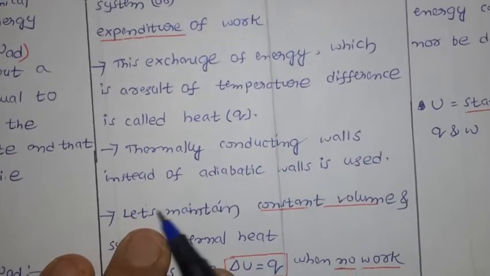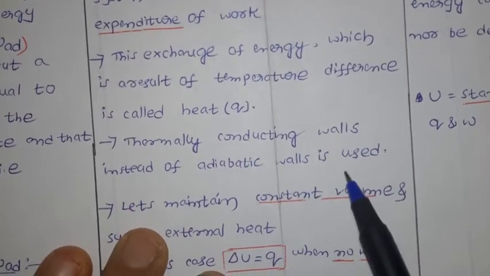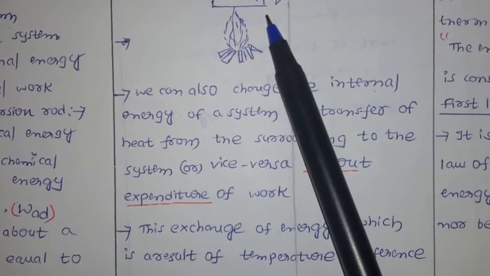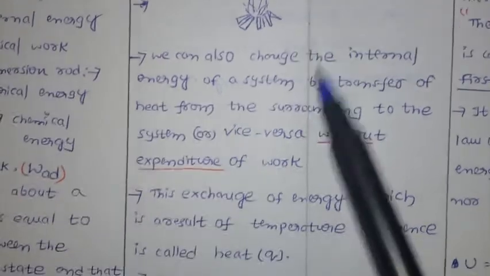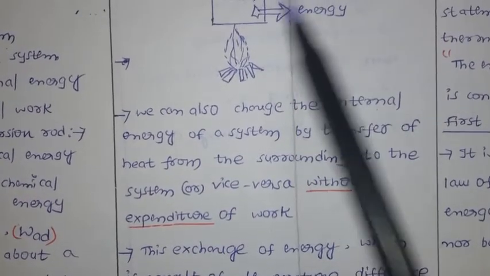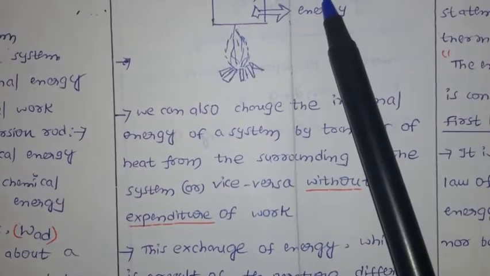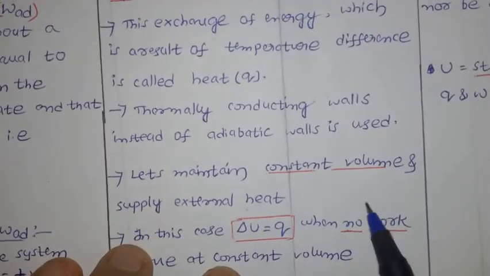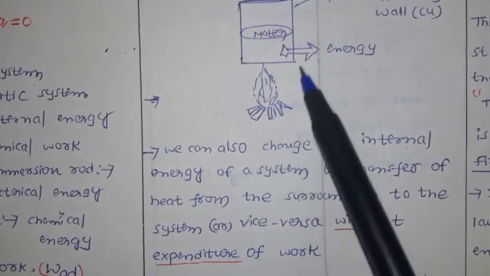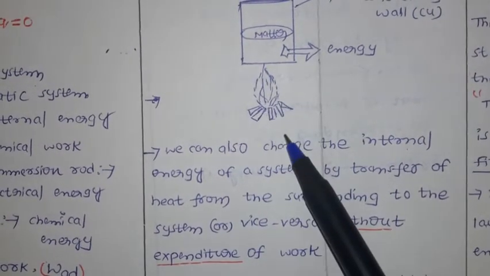Now, thermally conducting walls are used instead of adiabatic ones. In the system we have the thermally conducting wall instead of adiabatic. Why? Because we have to change the internal energy by heat. Let us maintain constant volume and supply external heat. We take constant volume and apply external heat.